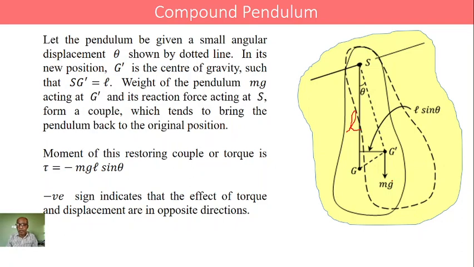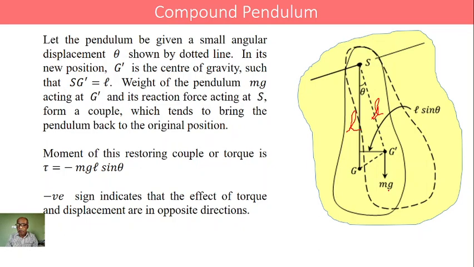Because of oscillation, S remains the same, whereas G has moved to G dash, the center of gravity at a later instant of time during its oscillation. Since SG equals SG dash, SG dash is also equal to L.